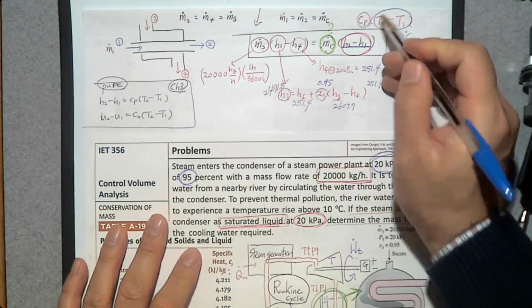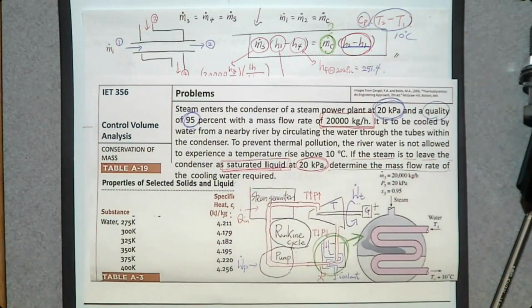What is the specific heat? Specific heat can be found from table A19, properties of selected liquids. For water, specific heat values are given here with temperature. So what is the typical temperature of river water? Around room temperature, reasonable guess. So let's assume 300 Kelvin.